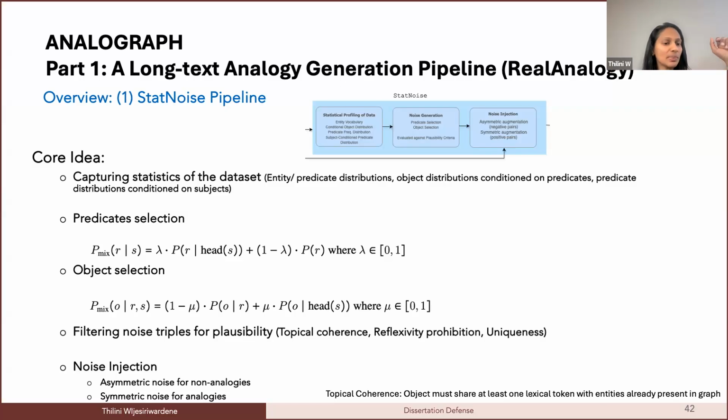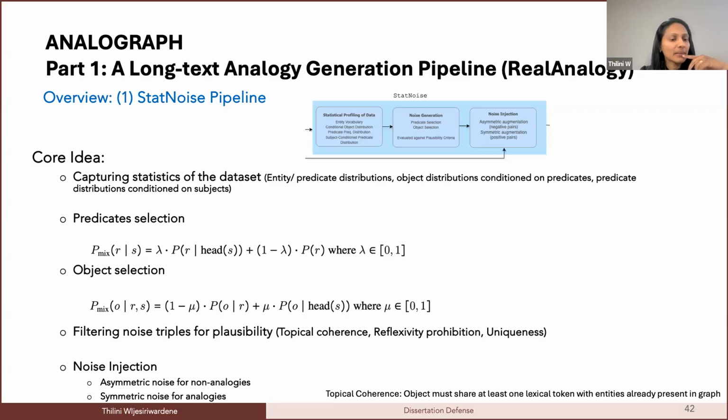Once you have these triples, you filter them to remove the self loops and to maintain uniqueness. You don't want to add several of the same triple to your data set.